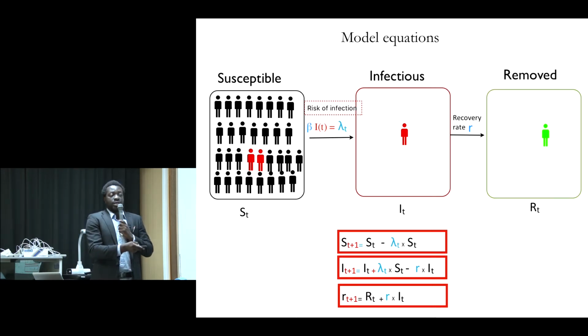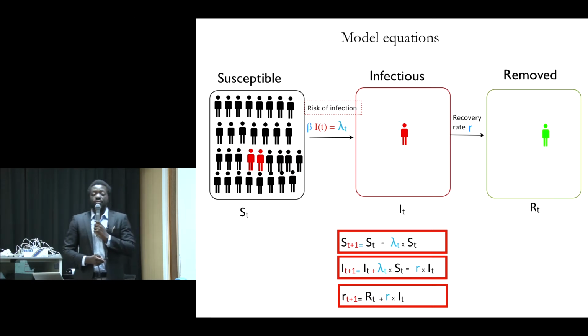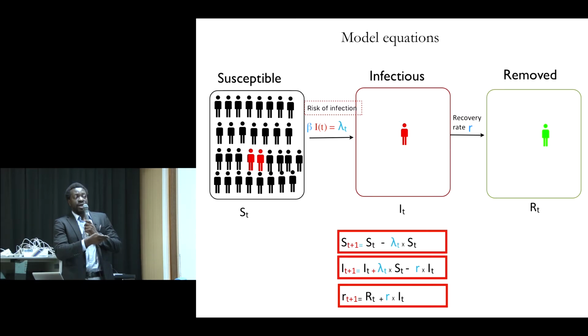So with the 3 equations here, we can predict the movement of individuals from one box to another box over time, at time t plus 1, t plus 2, t plus 3. So we can just use these equations.